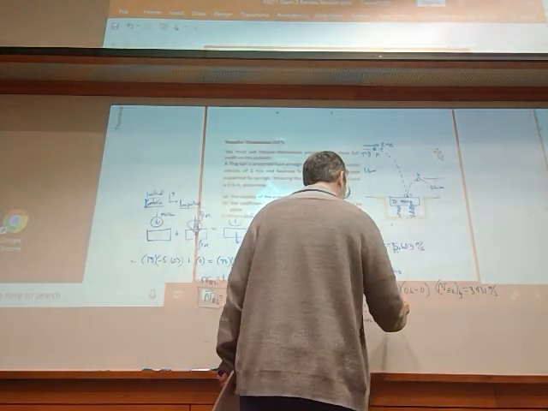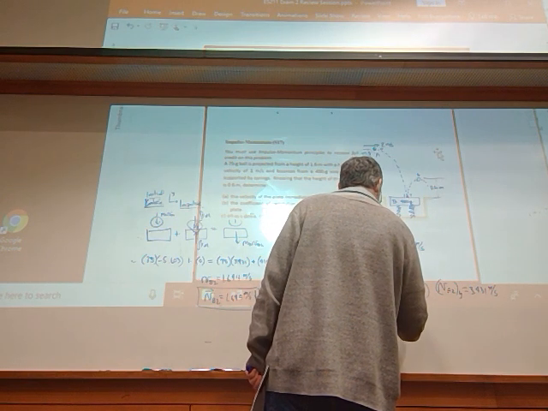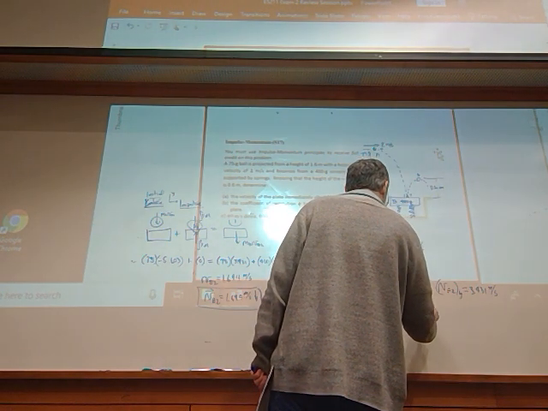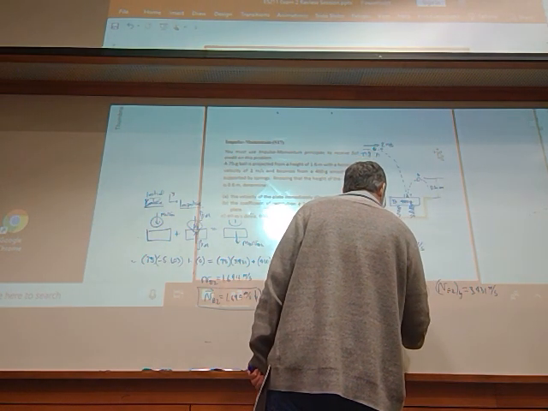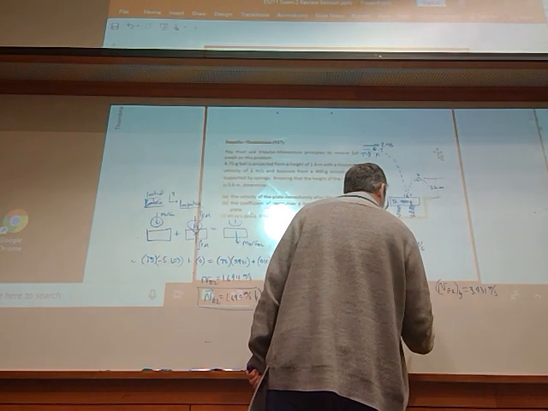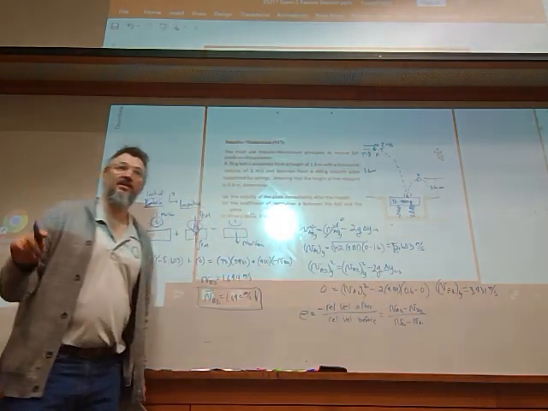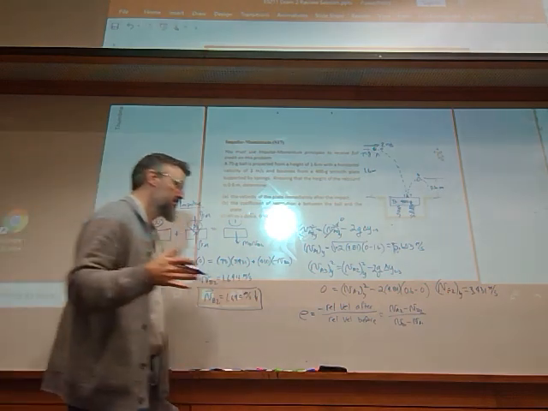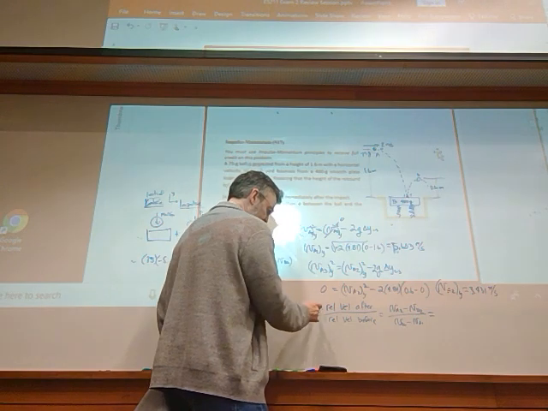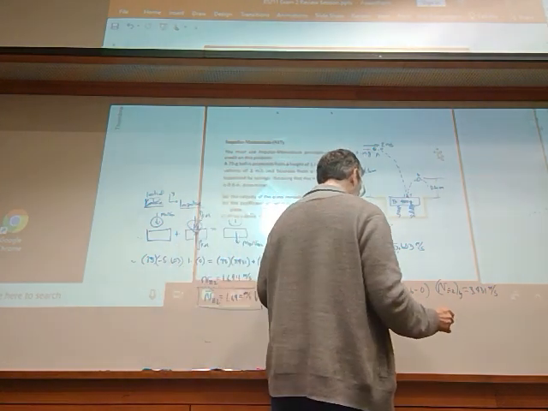So you could go VA2 minus VB2 divided by VB1 minus VA1. Doesn't matter which one you go first, as long as you get them backwards, because that's where the minus is happening right here.